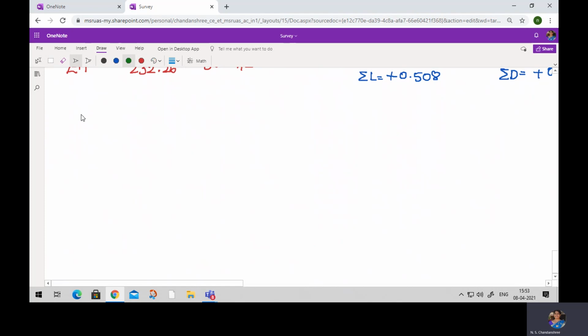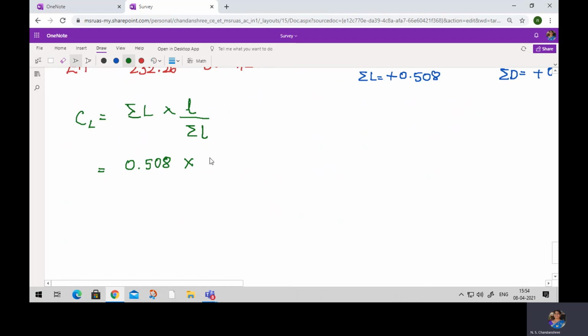According to Bowditch's rule, the correction for latitude is equal to the total error in the latitude multiplied by the length of that line divided by the perimeter, that is sigma small l. In this problem the total error is 0.508, multiplied by the length of the line.